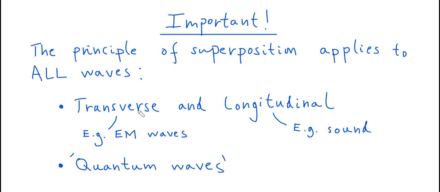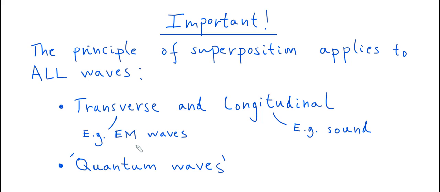So in particular, it applies to both transverse and longitudinal waves. So for example, it applies to sound waves, and I'll mention a very nice example of this in a moment. It also applies equally well to other transverse waves, such as electromagnetic or EM waves, including visible light.